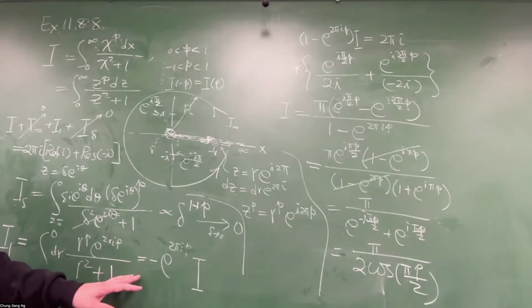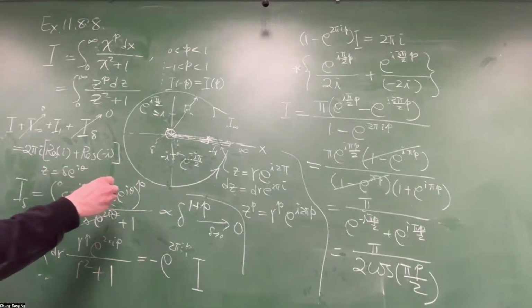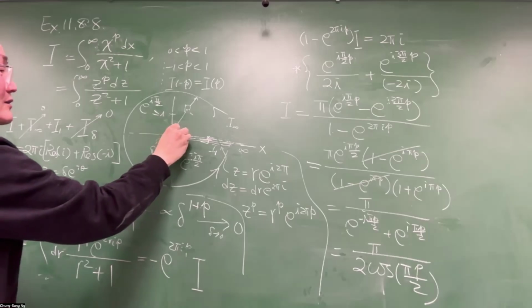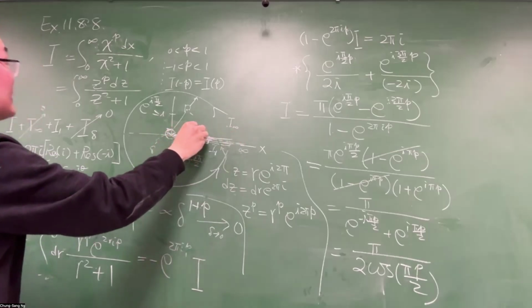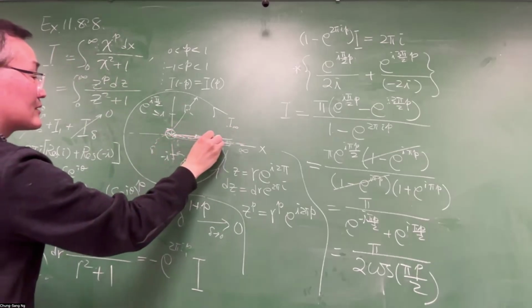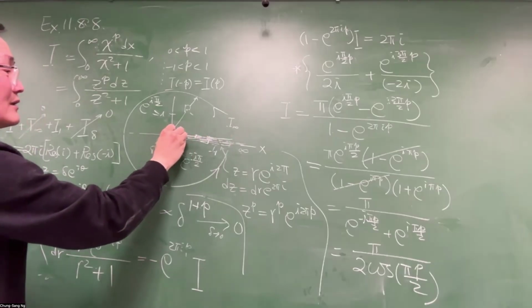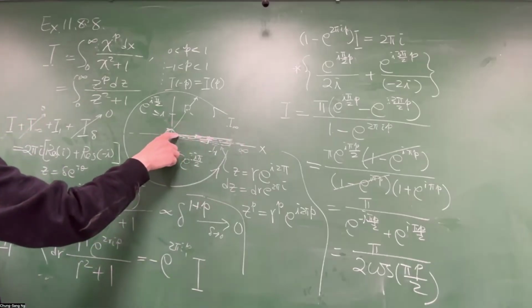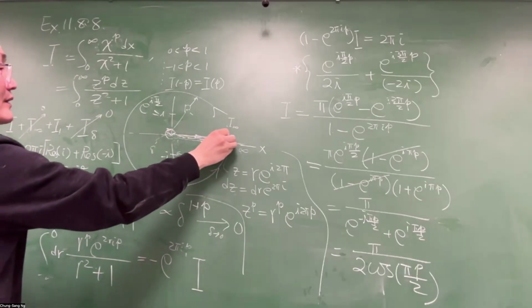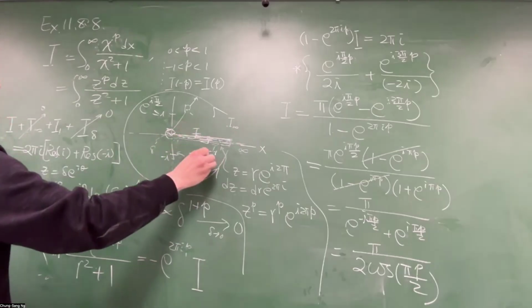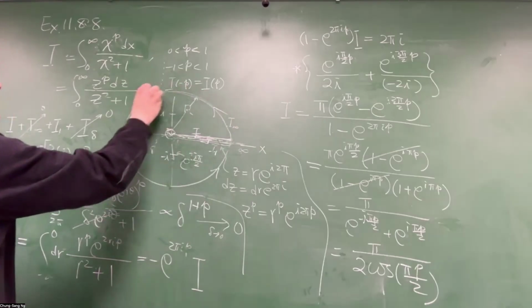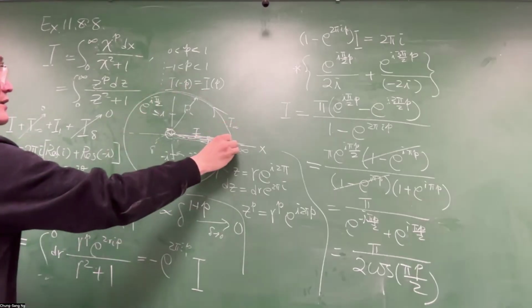Can you draw the path of the I? I is from delta to infinity, just above the branch cut. This is the I. There's a branch cut. I go from delta to infinity. Delta will go to 0 later. That's I. And then going around the big circle is I infinity.